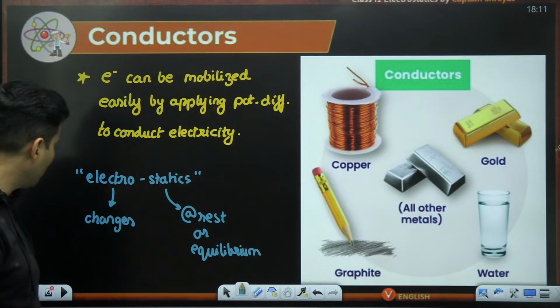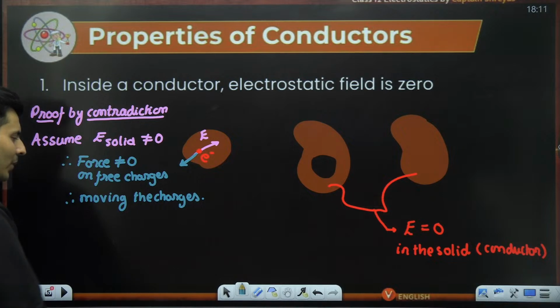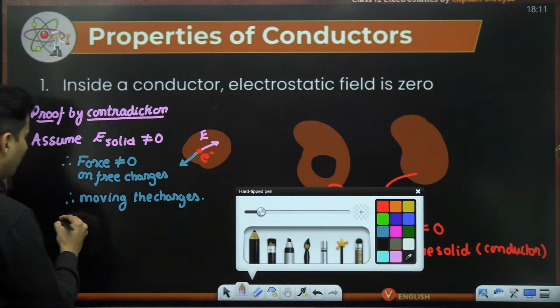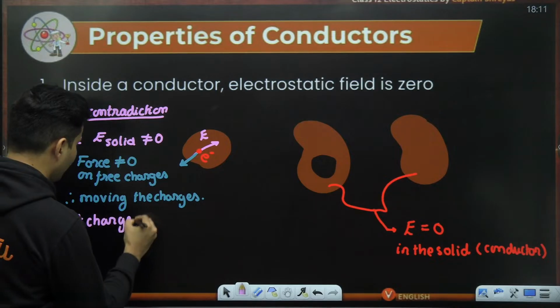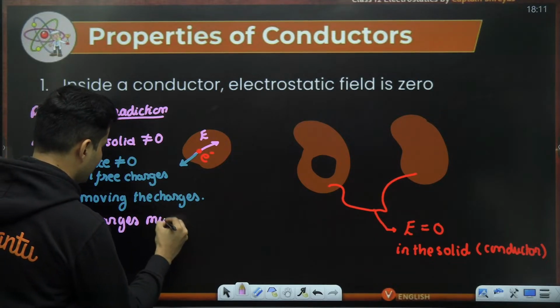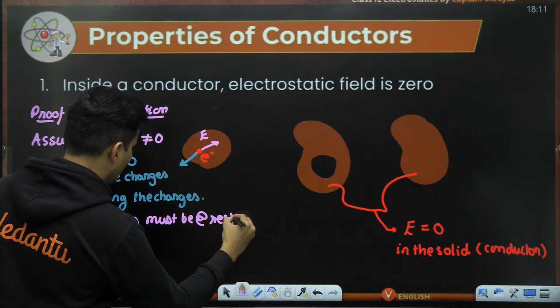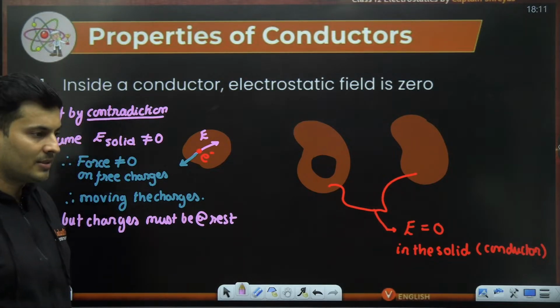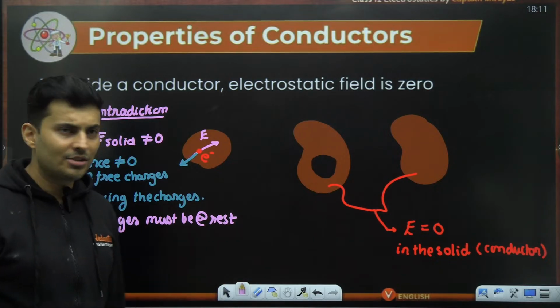They should be at equilibrium. How can we have the charges in motion? So hence comes the contradiction, because the charges must be at rest. We are talking about static situations, not dynamic situations.